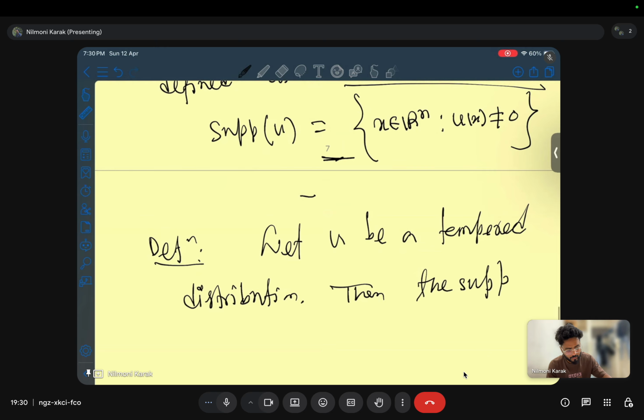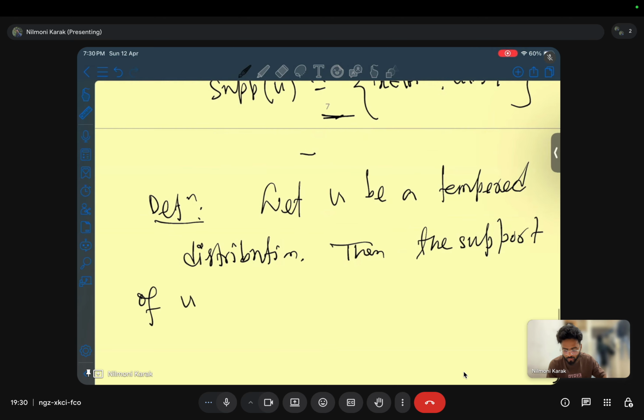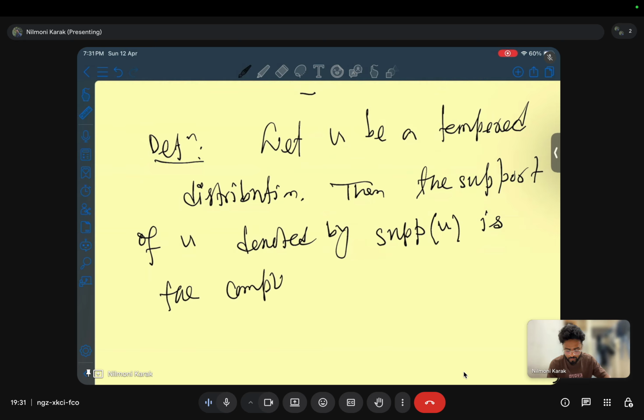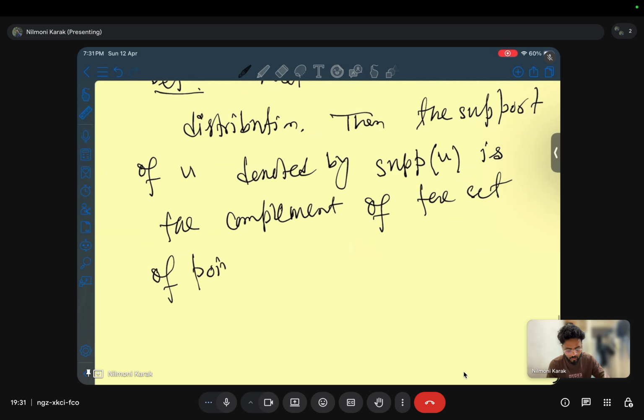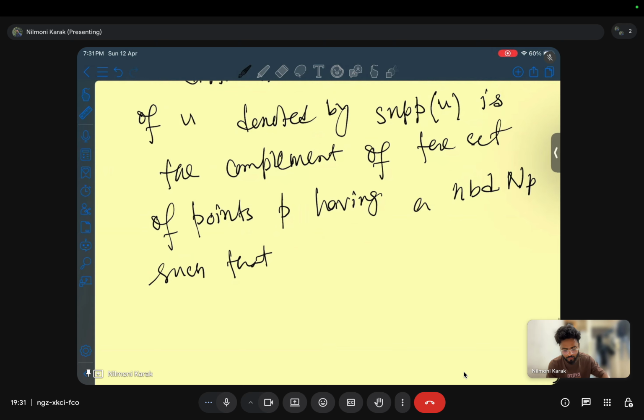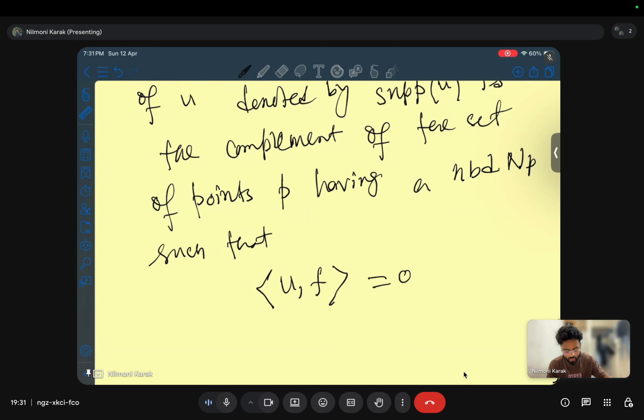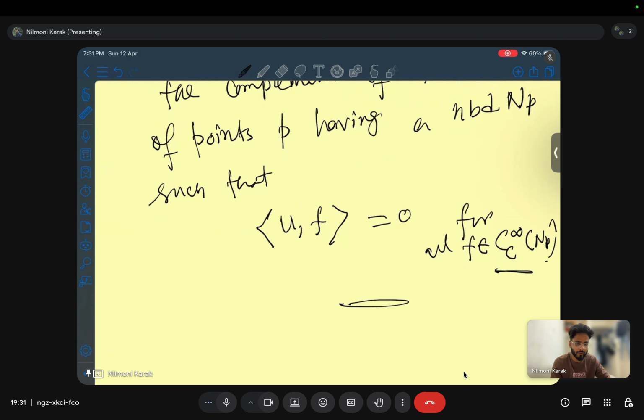Then the support of u is the complement of the set of points p having a neighborhood N_p such that u restricted to N_p equals 0, and the complement of the support is an open set.